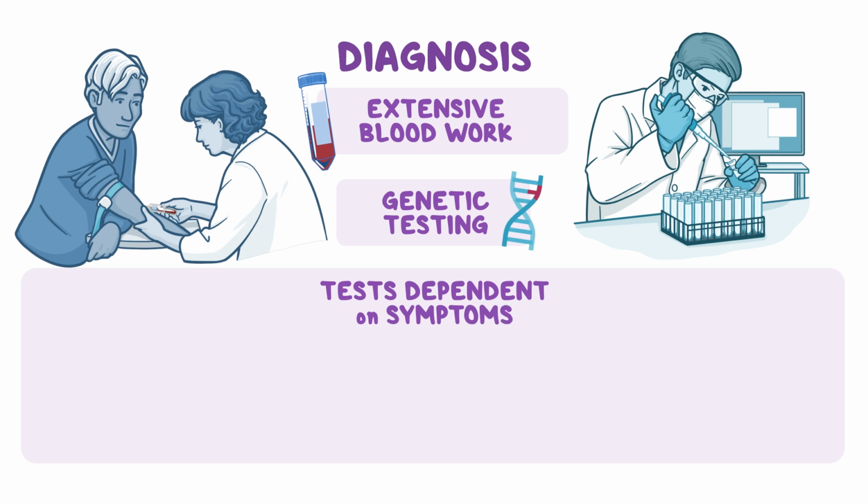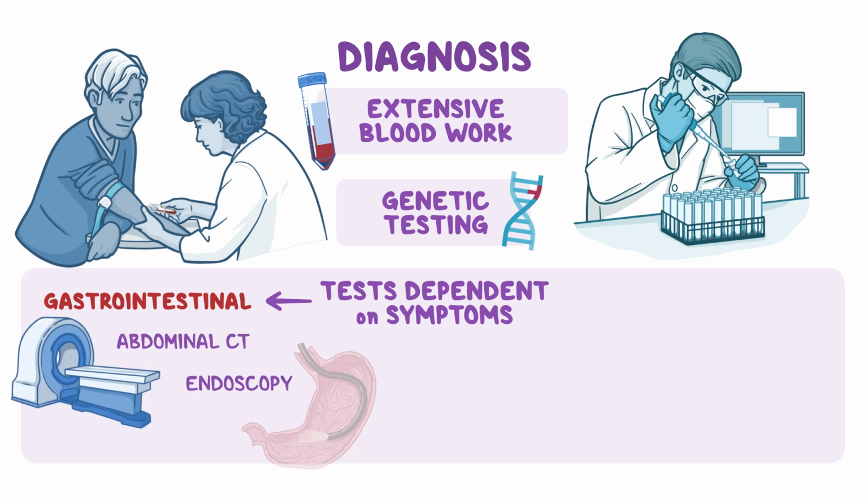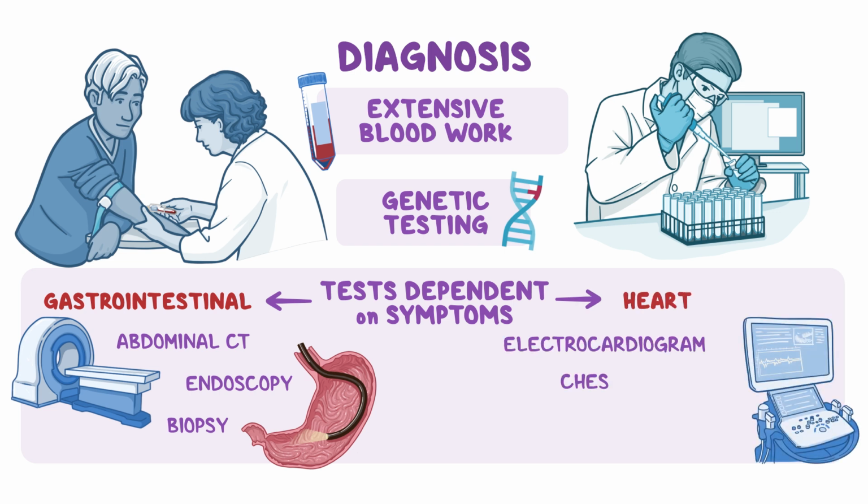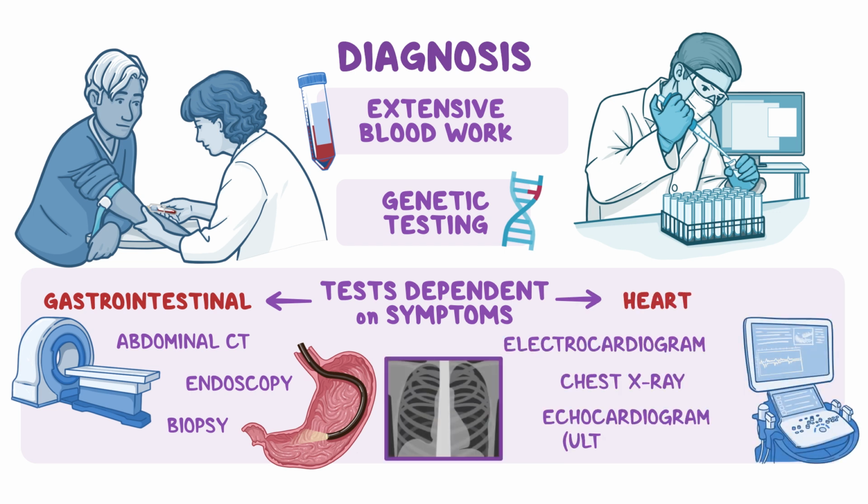For example, if an individual with eosinophilia has gastrointestinal symptoms, a CT scan of the abdomen or endoscopy and biopsy is often performed. In those with heart involvement, an electrocardiogram, chest X-ray, echocardiogram, or ultrasound of the heart may be done.